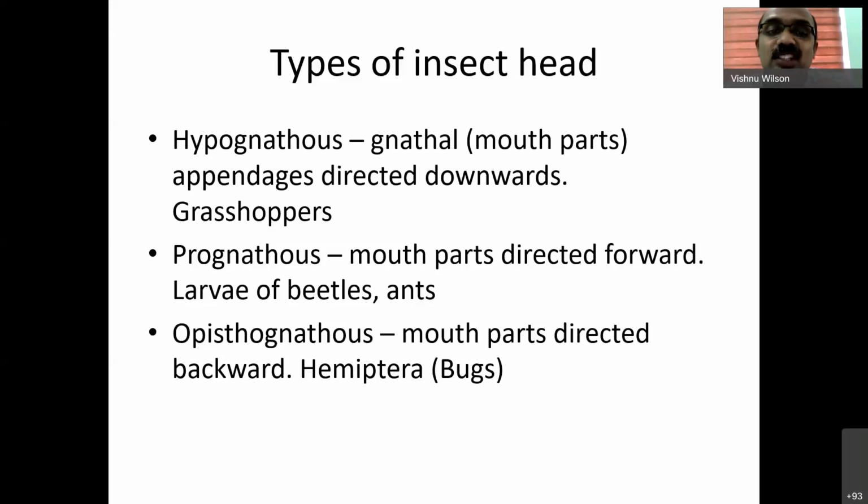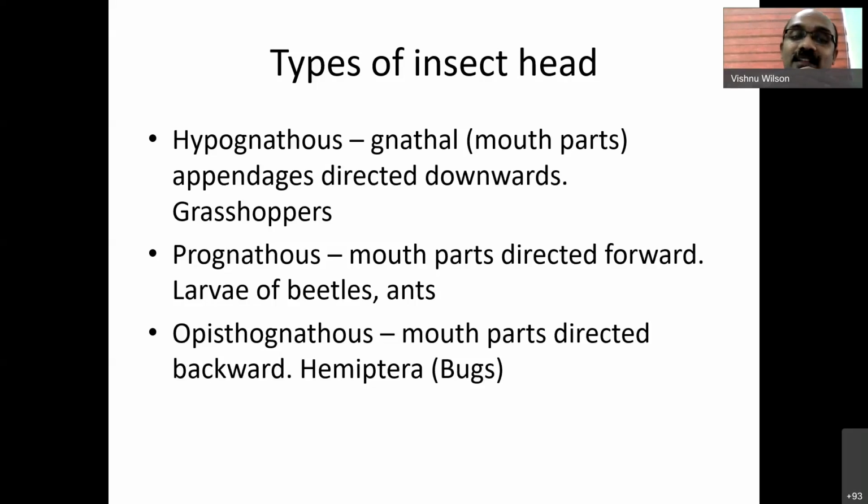So, first let's see how insects are classified based on the type of head. There are certain insects which are called hypognathous, some are prognathous, and certain others are opisthognathous. I'm repeating: based on the position of mouthparts on the insect head, insects are classified into hypognathous, prognathous, and opisthognathous.